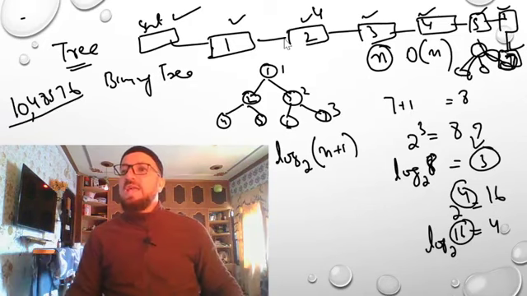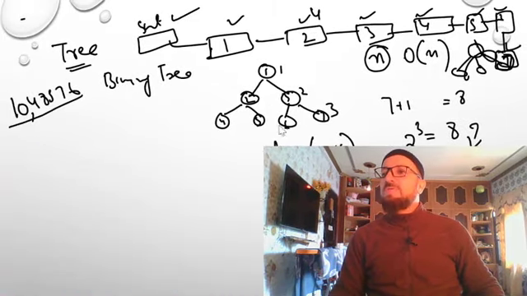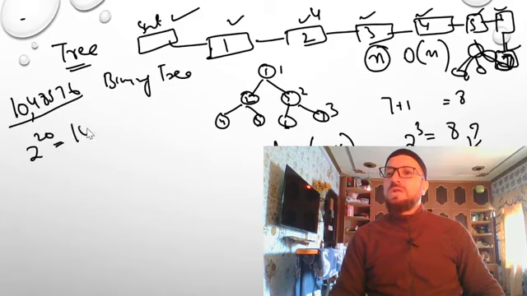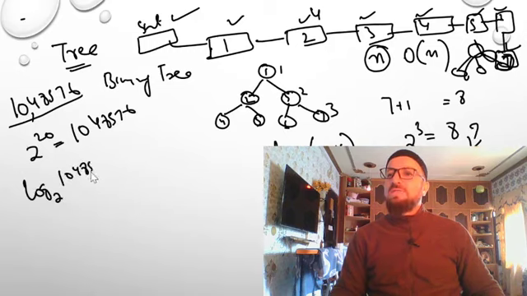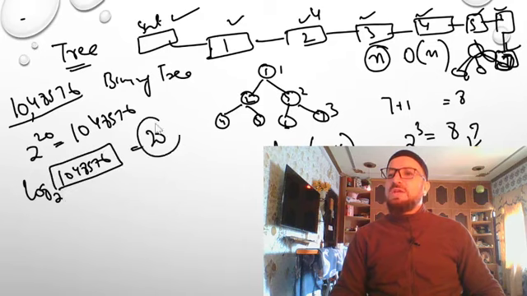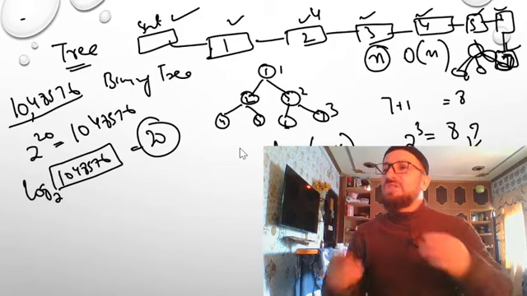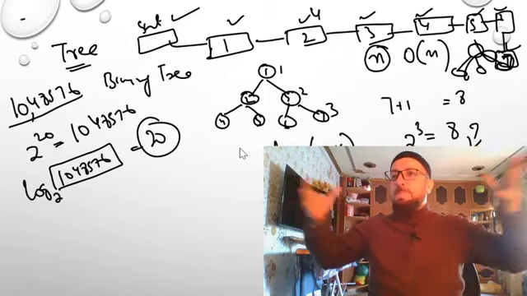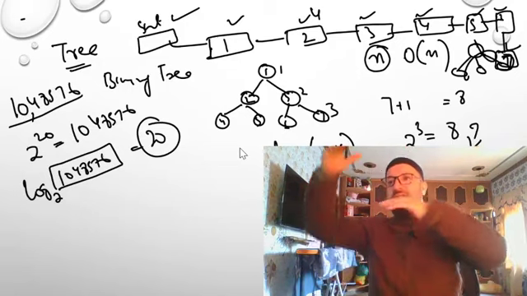But if you arrange the same nodes in your binary tree, because we know 2 to the power 20 is this number, 1048576, the height of this tree will be at the max log to the base 2 of this number, that is my total number of nodes, which is equal to 20. So the height will be just 20. Such big numbers of nodes you can compress into a height of 20.